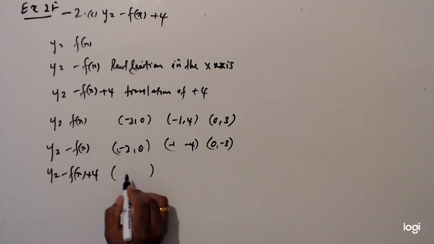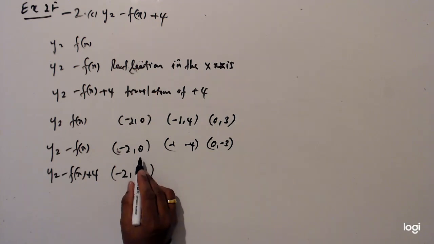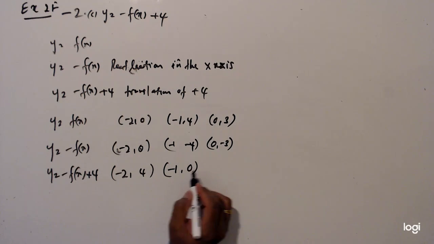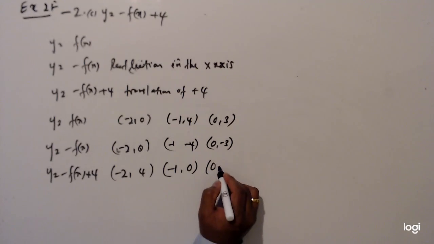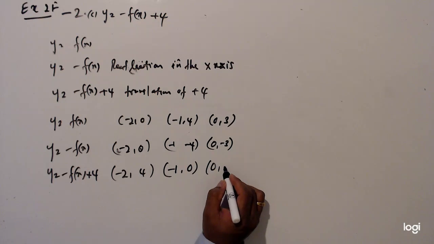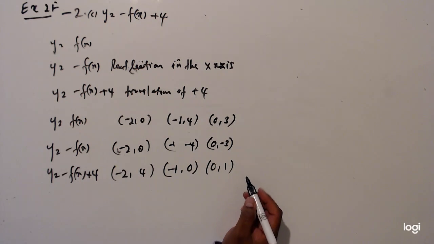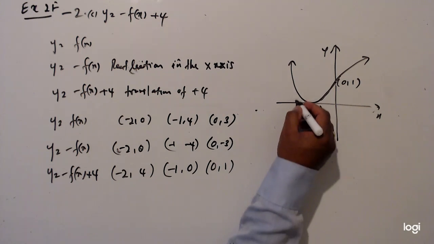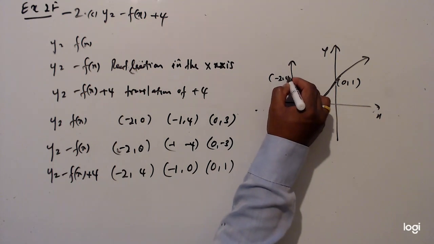So again it affects the y value: 0 plus 4 is 4, minus 4 plus 4 is 0, and minus 3 plus 4 is 1. So we will get this kind of graph, with minus 2 somewhere here.